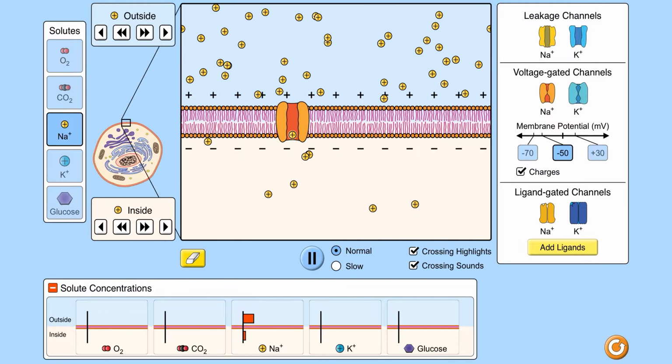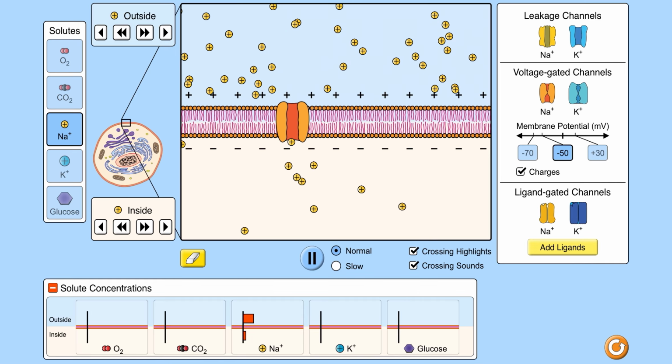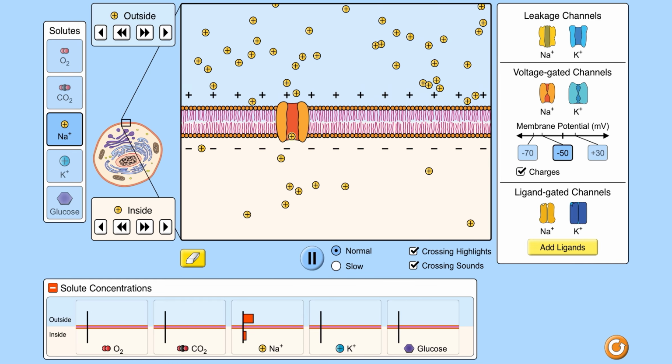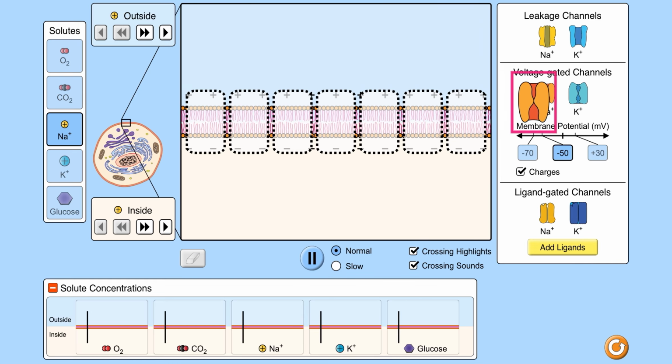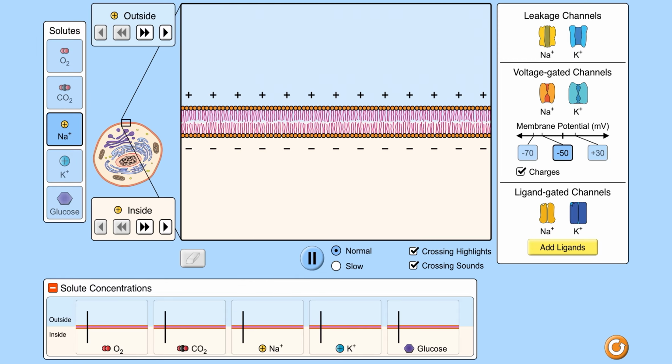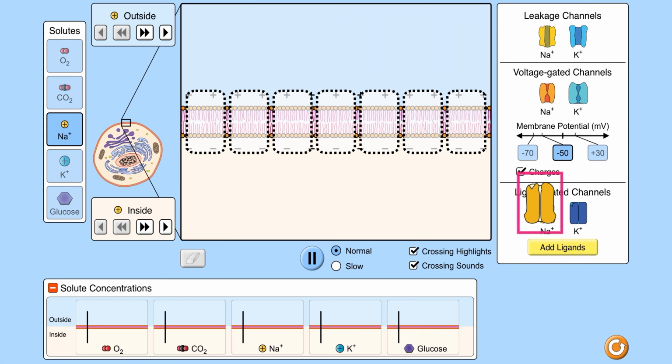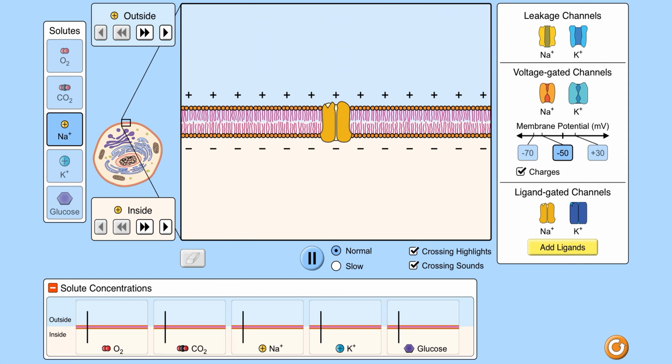Now finally we have the last one, the ligand gated channel. So we'll send it back and we'll see the ligand gated channel here. Ligand is just a fancy biology word for a chemical messenger like a neurotransmitter or a hormone. Notice this channel is closed, right?